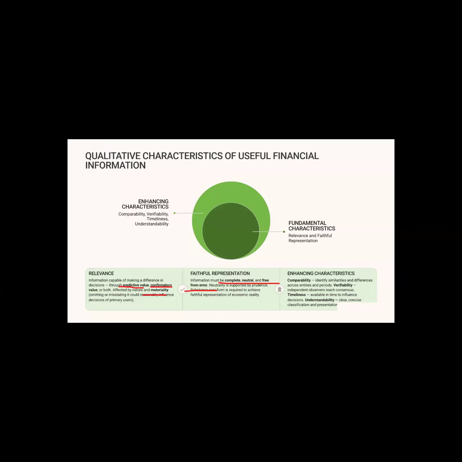If particular information consists of these characteristics, we are telling that it is a faithful representation. Okay, keep it in your mind. We are categorizing these qualitative financial characteristics into two fundamental characteristics and enhancing ones. The one is relevance, another one is faithful representation.